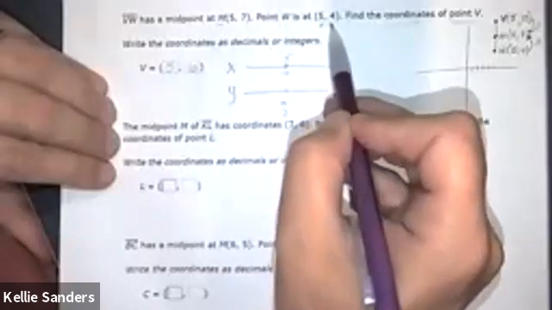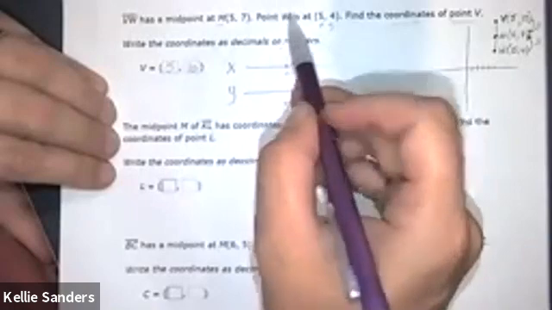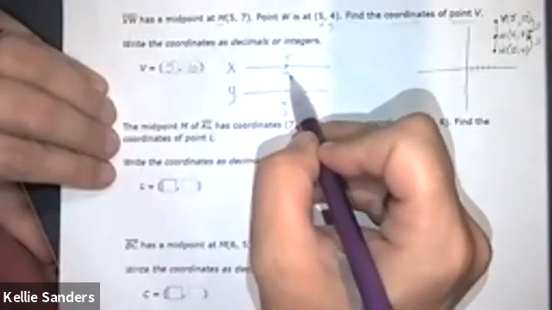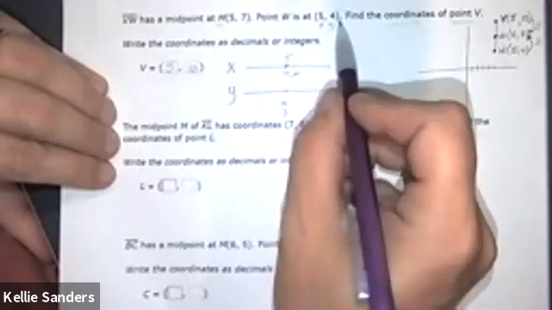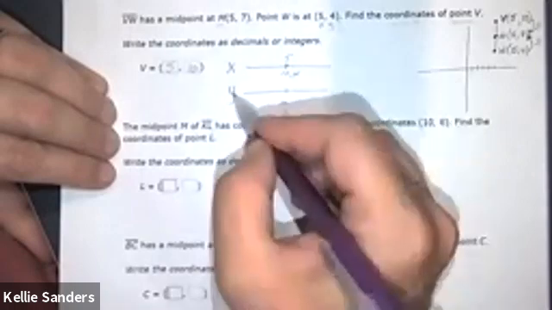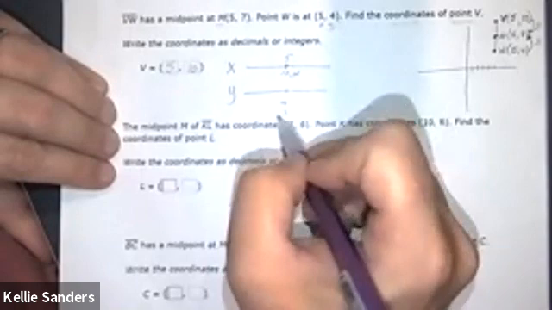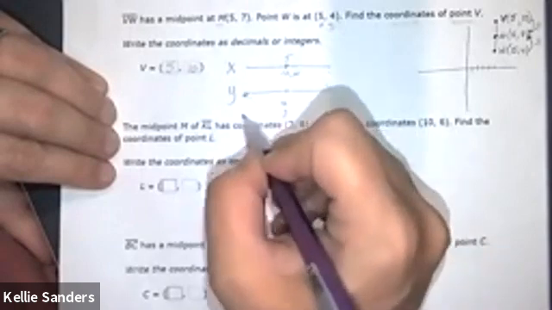W, this is x and this is y. Well, the x for W didn't change. So this is W also. But the y for W is at 4. Here's y. Which side of 4 is 7 on? This side.